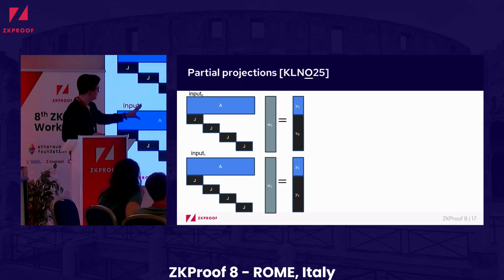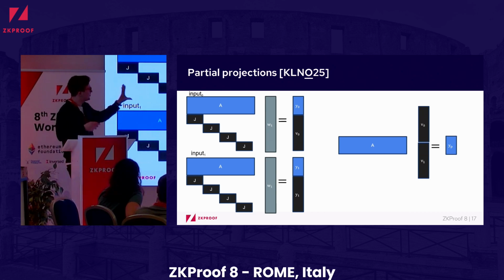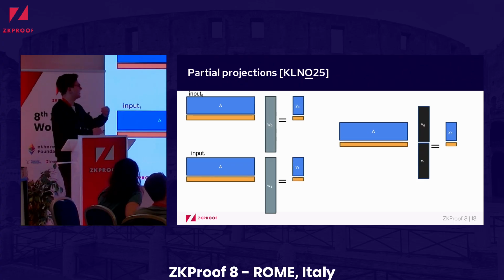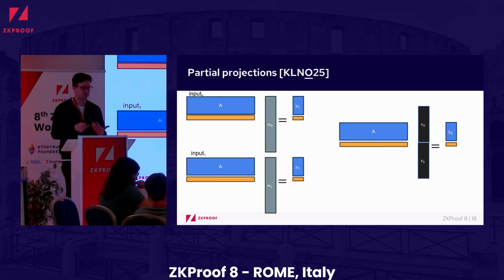And now these projections, instead of sending them, we can commit to them again. Then we can certify the consistency between the projection image and the projection pre-image via some check, which is just a linear constraint that we have to certify.